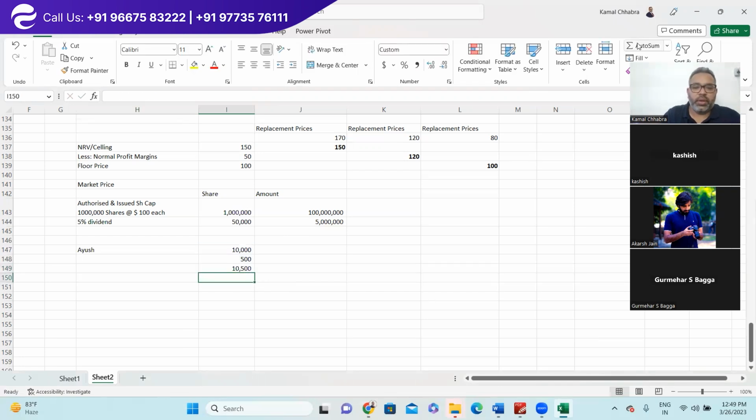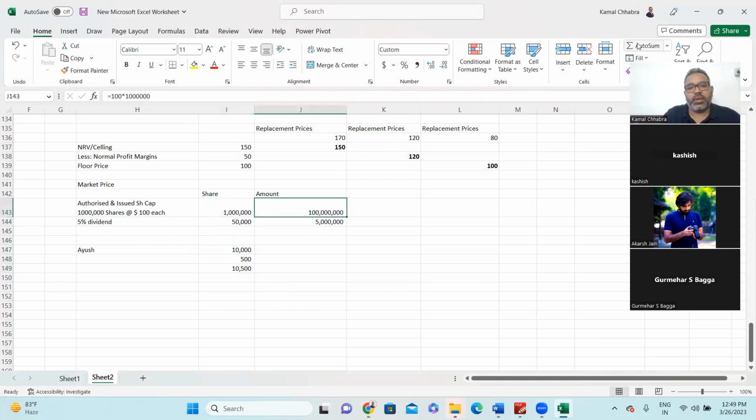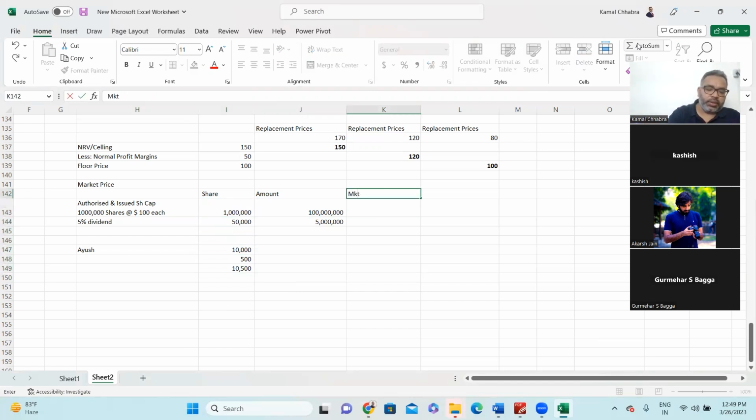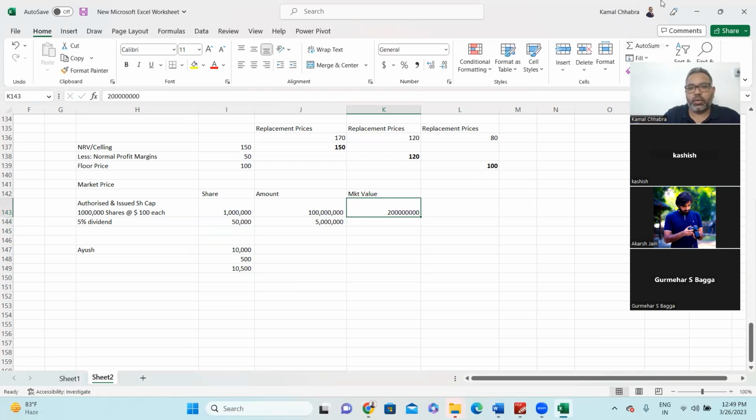So after the dividend, how many shares does Ayush have? 10,500. So let's assume the market value is, let's assume, $200,000.